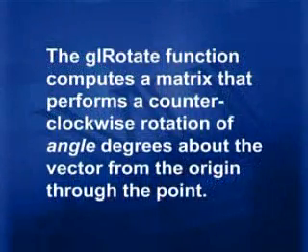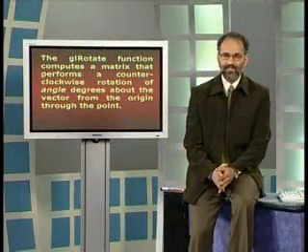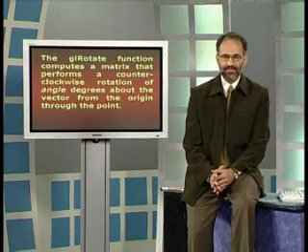The GL rotate function computes a matrix that performs a counterclockwise rotation of angle degrees about the vector from the origin through the point. When you call this function, you specify an angle and you specify x, y, z coordinates.